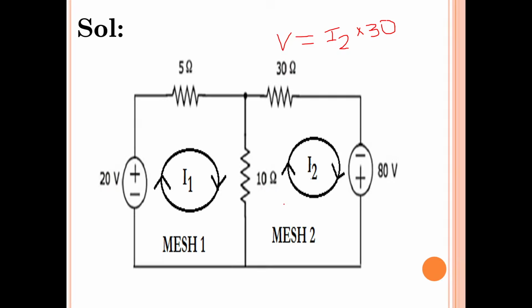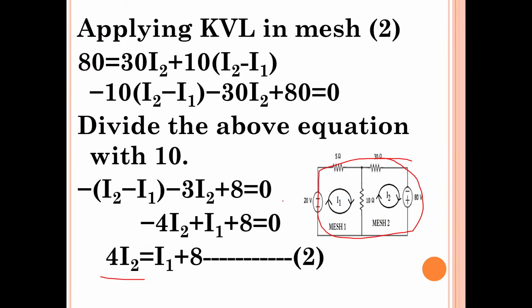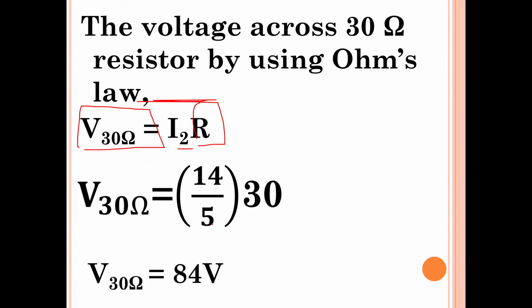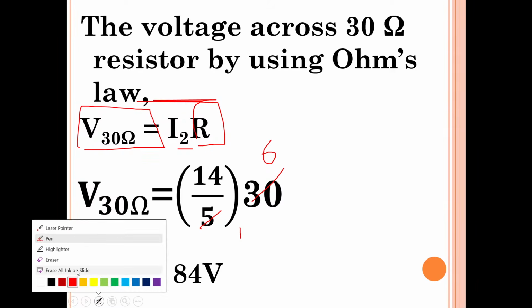What is I2? Just now we have calculated. Substitute the I2 value, that is 14 by 5 into 30. 5 sixes are 30, so 14 into 6, you will get 84 volts. So the voltage across the 30 ohms resistor is 84 volts.